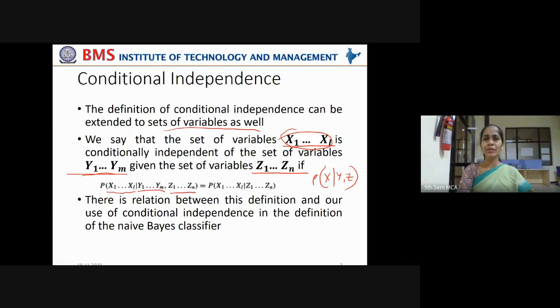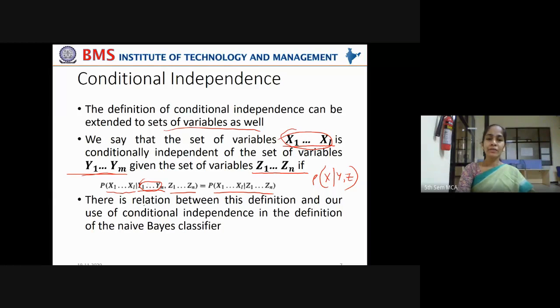Now because you know that X is conditionally independent of Y, you can eliminate this term and simply write it as probability of x1, x2 and so on up to xl given z1, z2 and so on up to zn, which indicates that X may be dependent on Z but not on Y. Because we clearly stated that X is conditionally independent of the variable Y. X is free from the effect of Y.